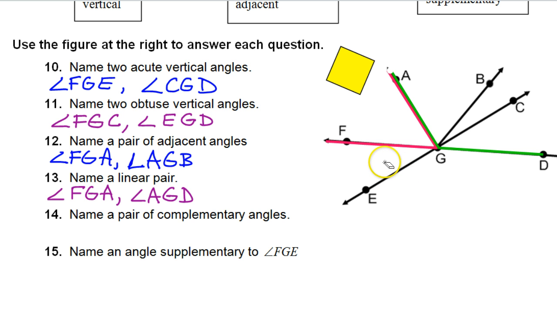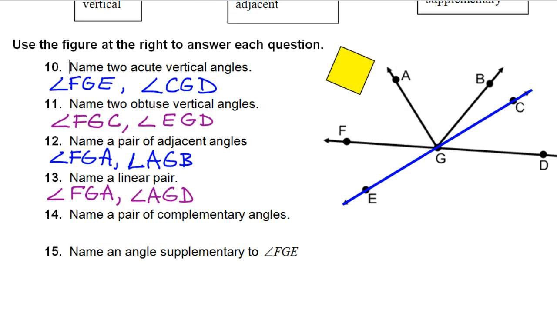I guess we're supposed to assume. I'm not feeling this question. I don't like to assume, and you're not supposed to assume anything, but I don't see any other way. It seems like this line right here is perpendicular to line AG.